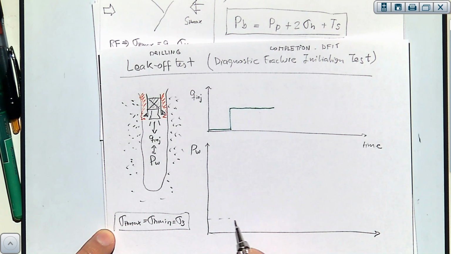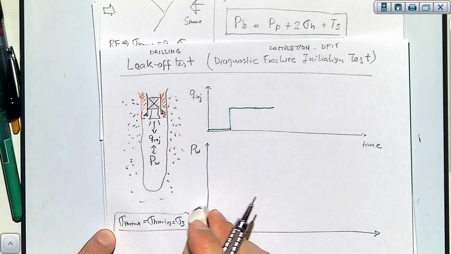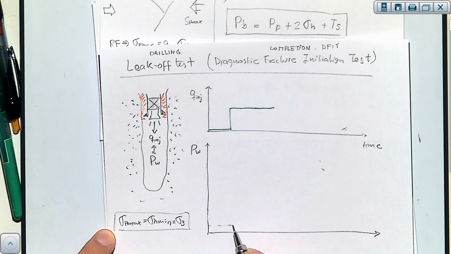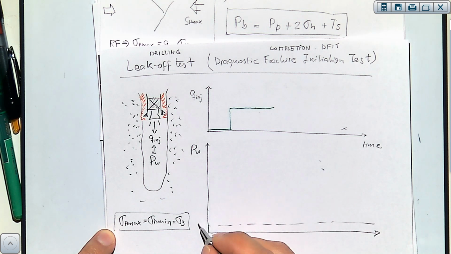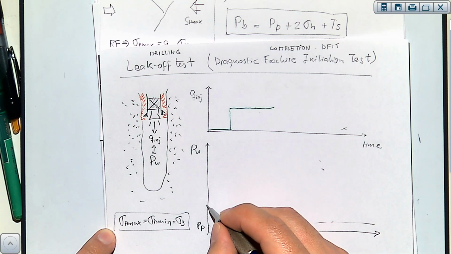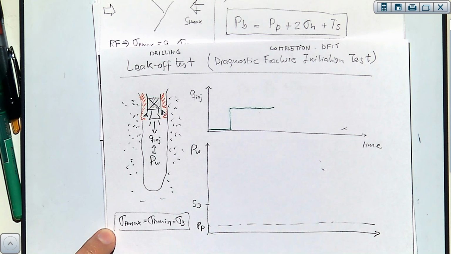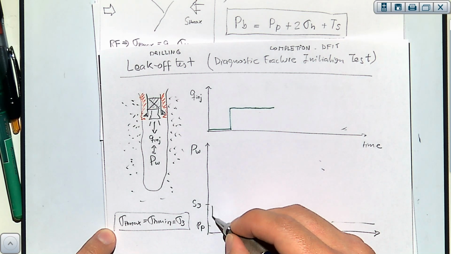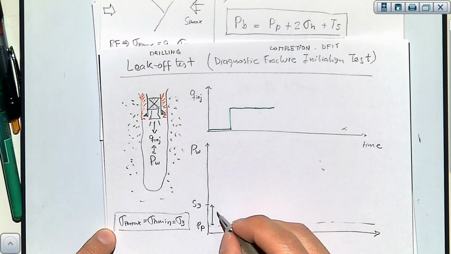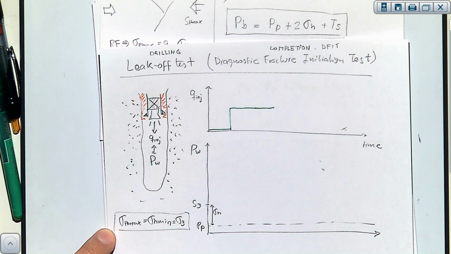Let's say the pore pressure is somewhere over here. Let's say that the minimum principal stress is somewhere over there. So this is the minimum principal stress. Then the distance from here to here should be 1 sigma.